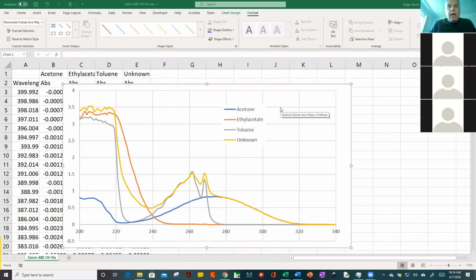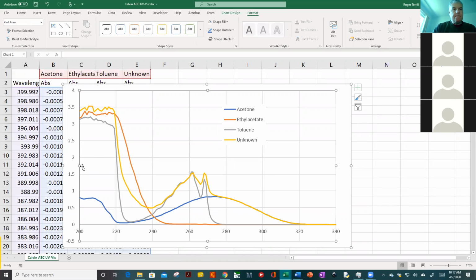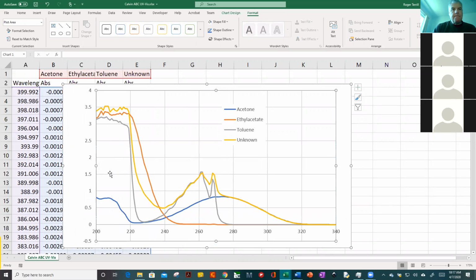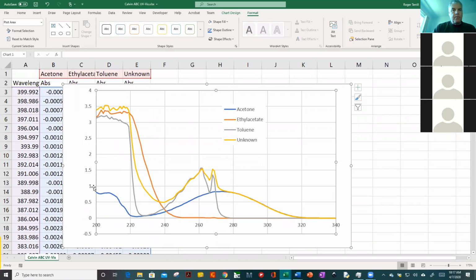So any other guesses? Is it like the same at a certain wavelength?